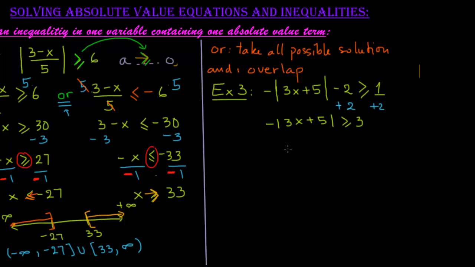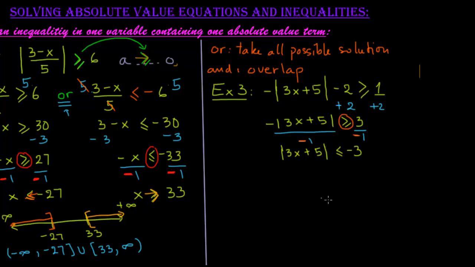Then we divide both sides by negative 1. When you divide by a negative number, we have to flip the inequality sign to the opposite one. So we will have the following: absolute value of 3x plus 5 less than or equal to negative 3.